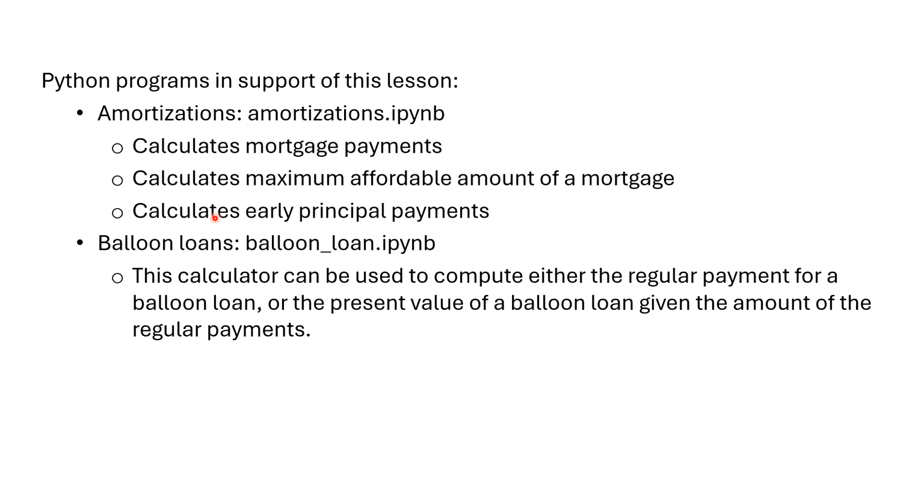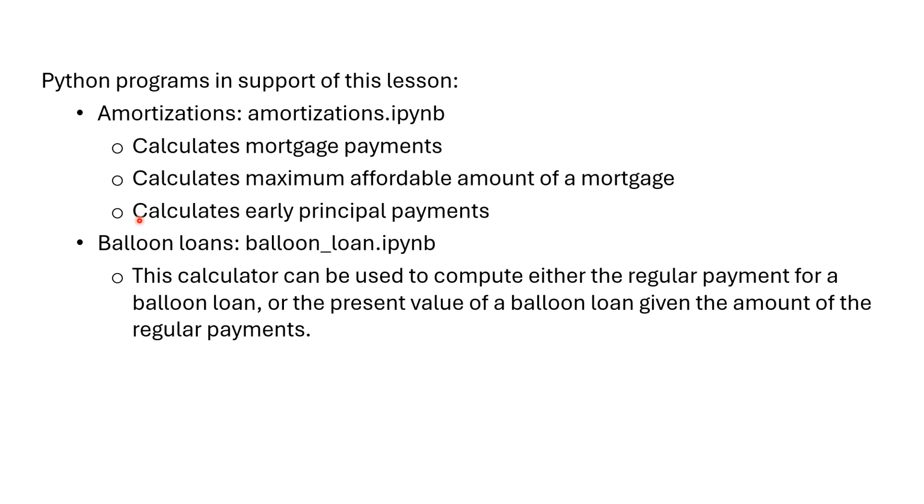And then there's another pane to this application, and that calculates where you make early payments in principal. So you pay a little bit more or a lot more principal on a regular basis from some point out, and it'll calculate how much sooner your loan is going to be complete.